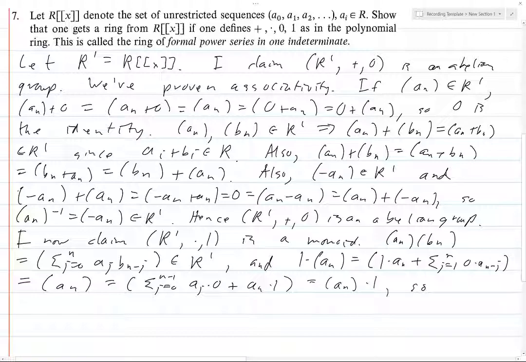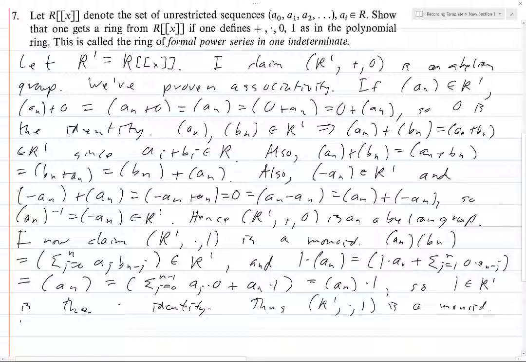So 1 in R prime is the multiplicative identity. Thus, R prime dot 1 is a monoid, and hence R prime is a ring. And this completes our proof.